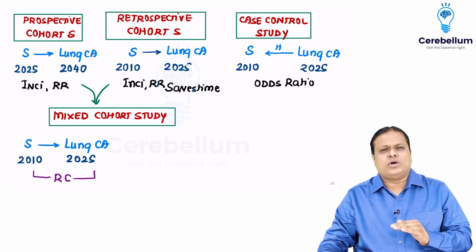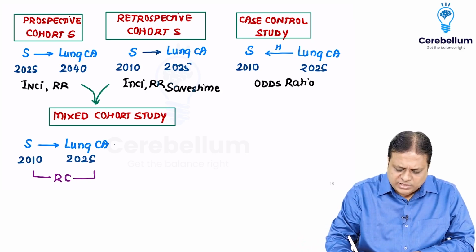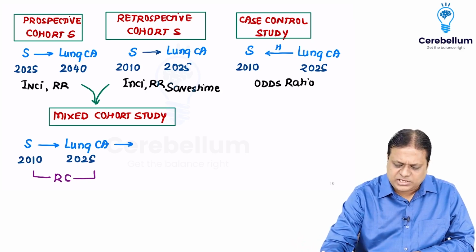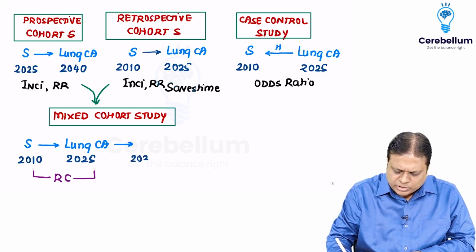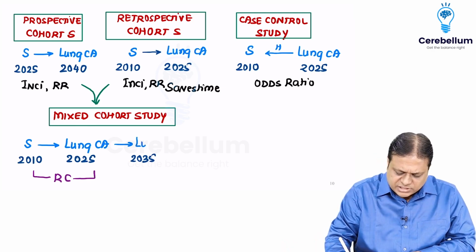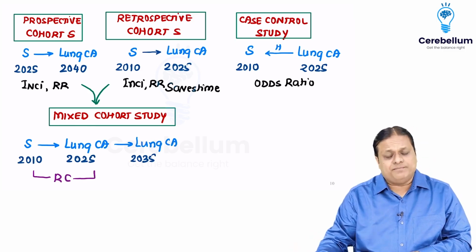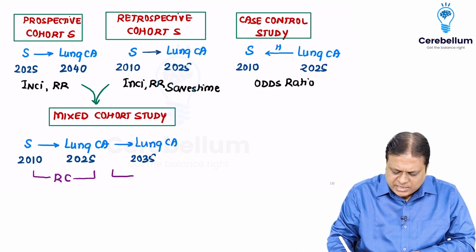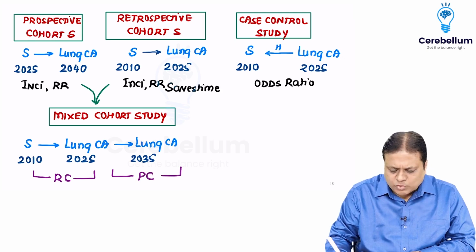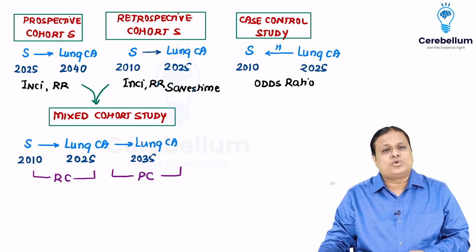Your retrospective cohort study is completed. Now someone takes your study forward for another 10 years and wants to see in 2035 what will happen to the final incidence of lung cancer. Will it change? Will it remain the same? This will be an addition of a prospective component to your retrospective cohort study. So this is known as a mixed cohort study.